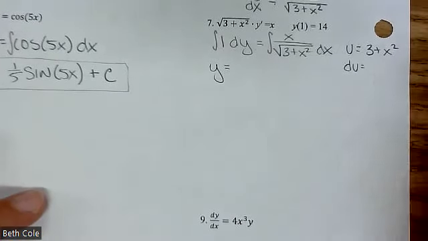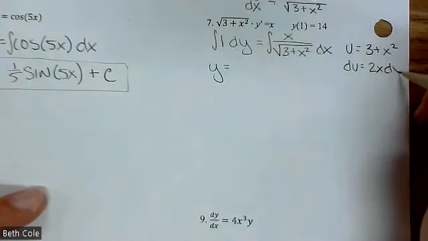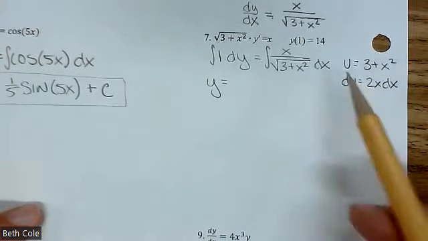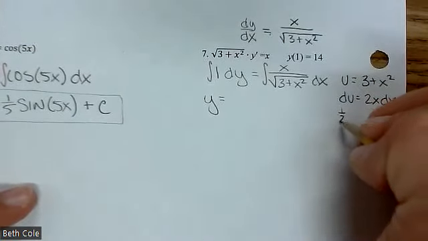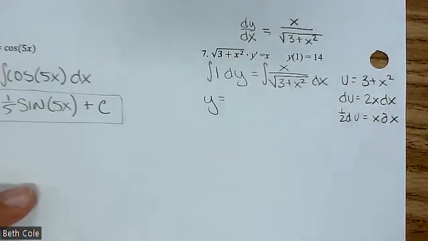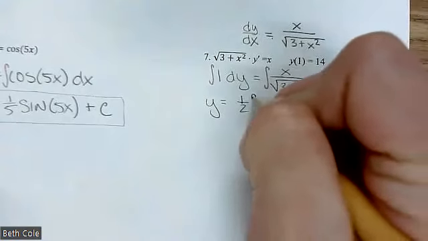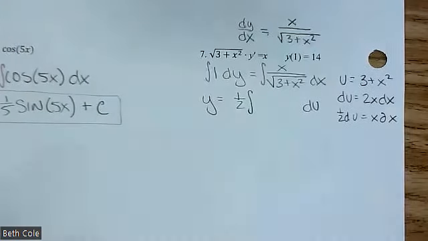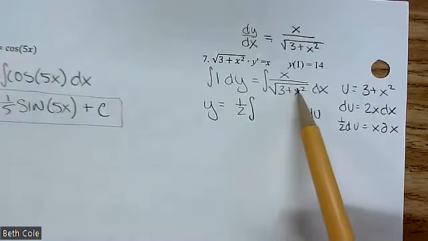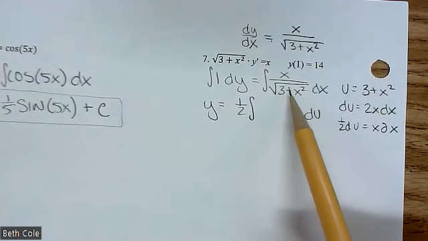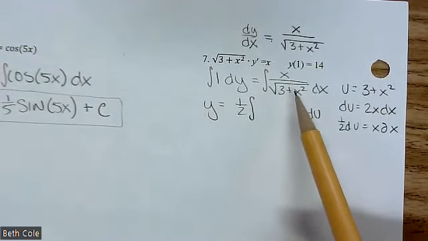All right, so this du would be 2x dx, and then you have to adjust with a 1/2. Perfect. So 1/2 goes out front, du goes at the end. We need to figure out what's still there. It would be a square root of u, but it's in the bottom.